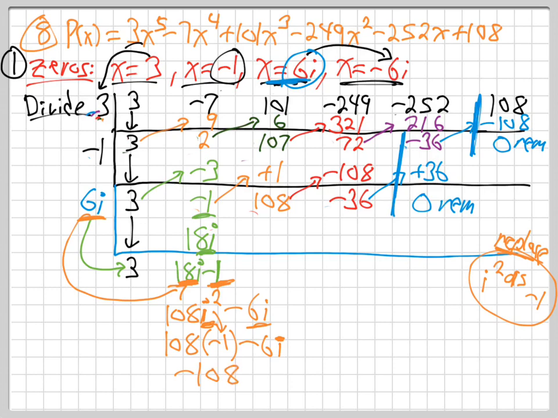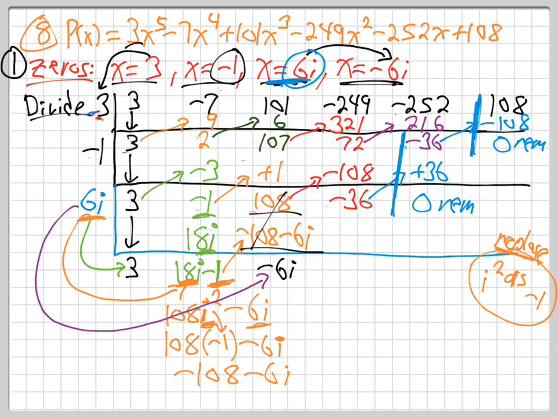So this becomes -108 minus 6i. That's what goes right here. -108 minus 6i. And then we add this with this, and you see how the 108s cancel, and you just get minus 6i.